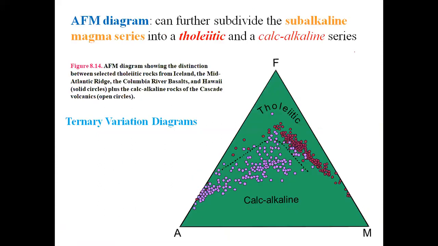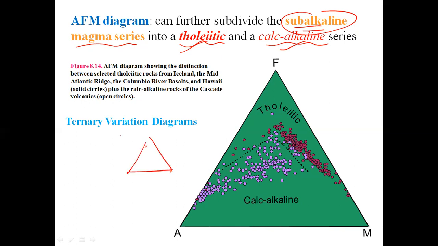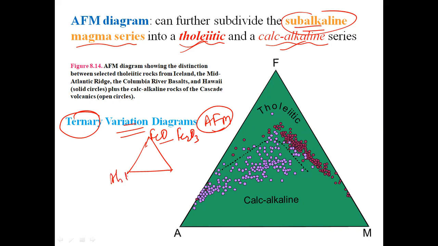So here you can see that your subalkaline magma series is divided into tholeiitic and calcalkaline magma series. This variation, the way we are further dividing subalkaline into two magma series, is based on the AFM diagram, a ternary variation diagram. We will teach the AFM diagram in metamorphic: F for iron oxide Fe2O3, A for aluminium oxide, alumina, and M for magnesium oxide.